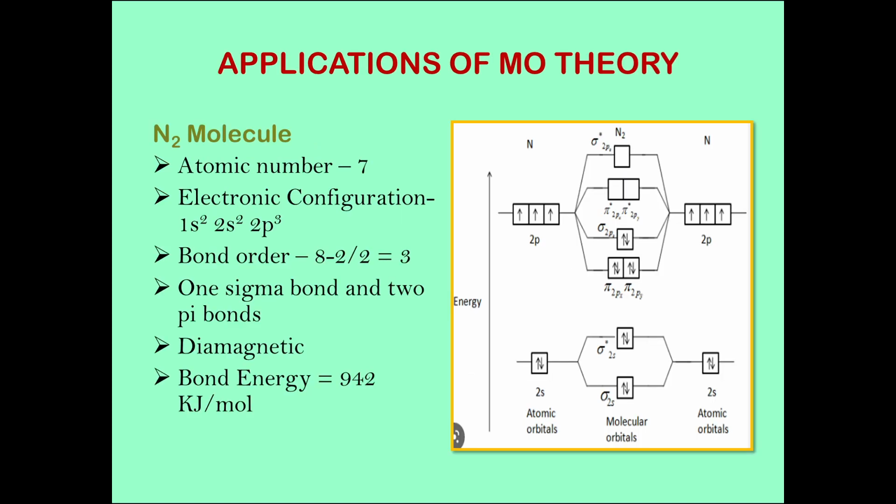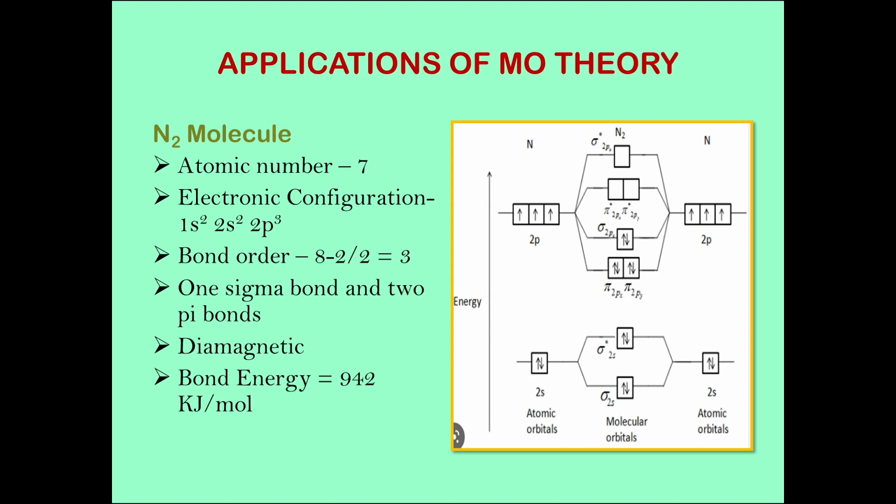Now, applying molecular orbital theory, we are going to see the nitrogen molecule. The atomic number of nitrogen is 7, and its electronic configuration is 1s2, 2s2, 2p3. We are going to draw the energy level diagram for the valence shell only.